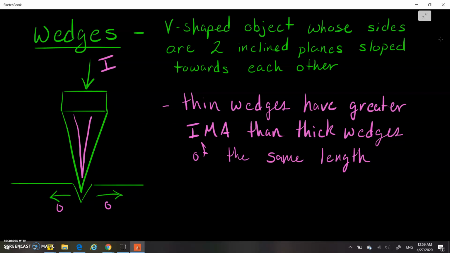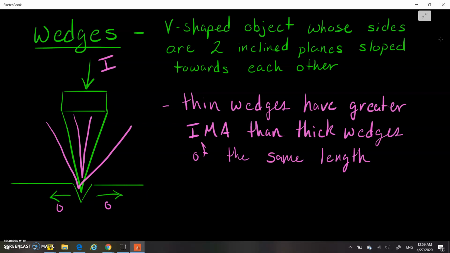If you think back to the inclined plane we talked about in the last video, that's because the slope of my inclined plane is less, and so it is going to create a greater advantage versus something that is coming at it from a really wide angle, which is not going to do a lot of damage. So those are your wedges.